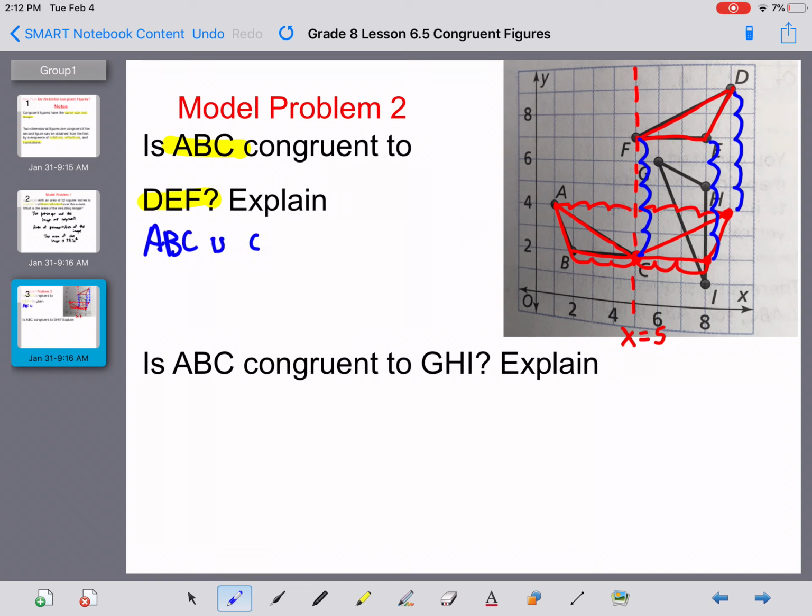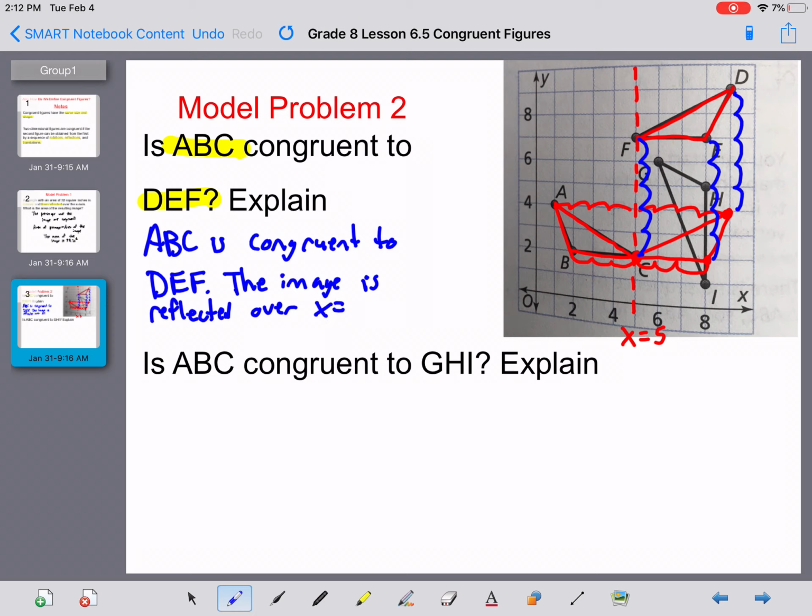So ABC is congruent to DEF. And the explanation is the image is reflected over x equals 5, then translated up 1, 2, 3, 4, 5.